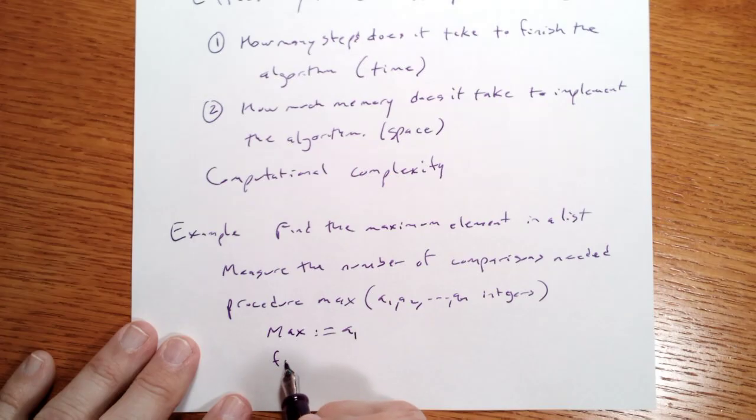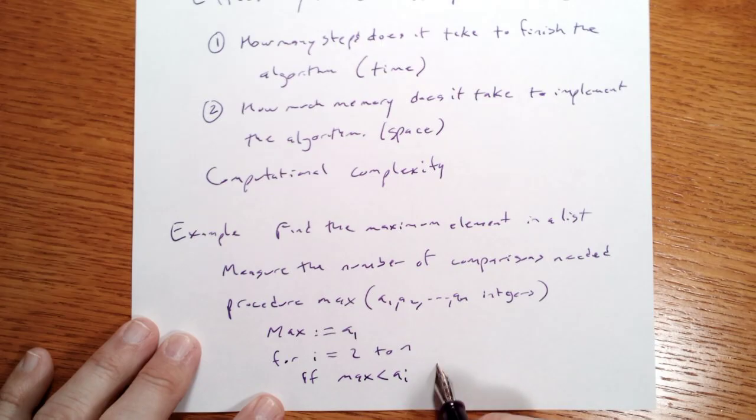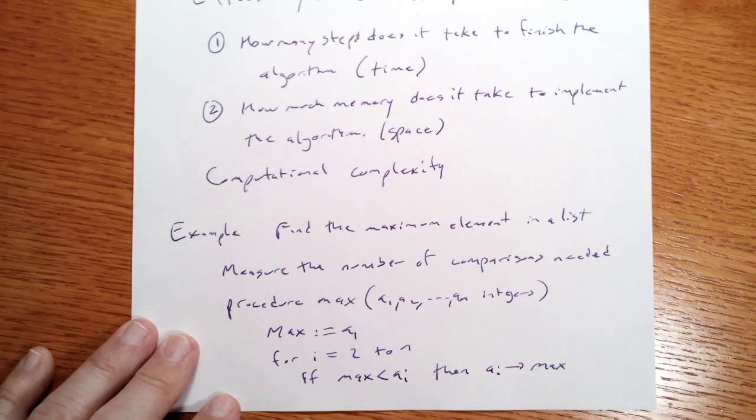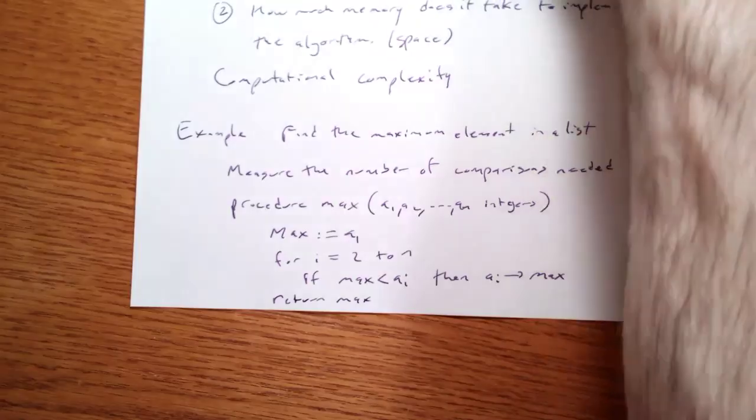Then we wrote the loop for i equals 2 to n: if max is less than a_i, then a_i goes into max. Otherwise, do nothing. And then when we're done, return max. So that's the algorithm as written on page 203.